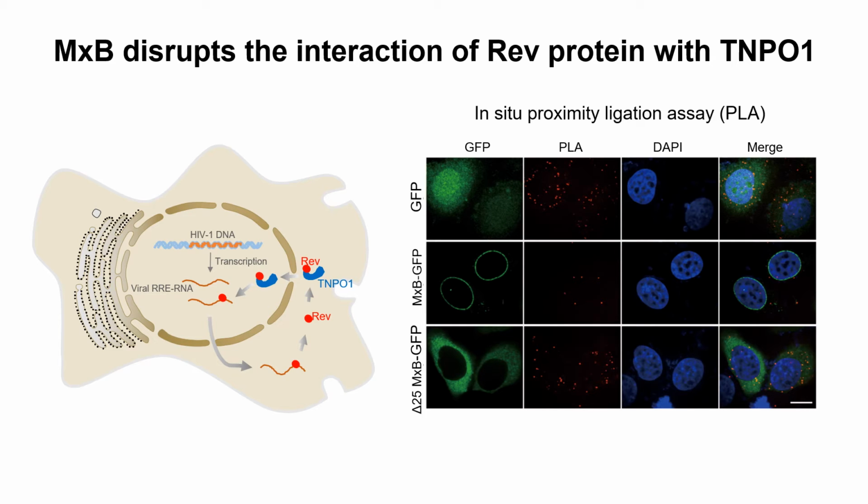The red signal reports the interactions between Rev and transportin 1. In MxB expressing cells, there are far fewer red signals, indicating a dramatic decrease in the interaction between Rev and transportin 1, demonstrating that MxB disrupts the association of Rev with transportin 1, thus impairs Rev nuclear import.